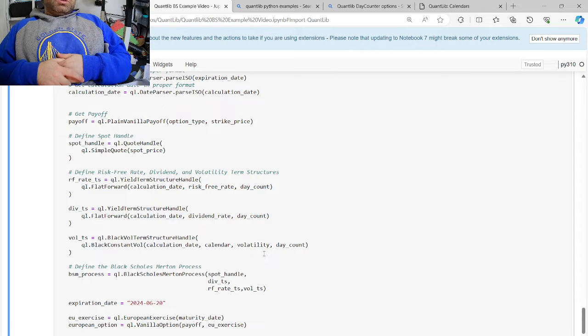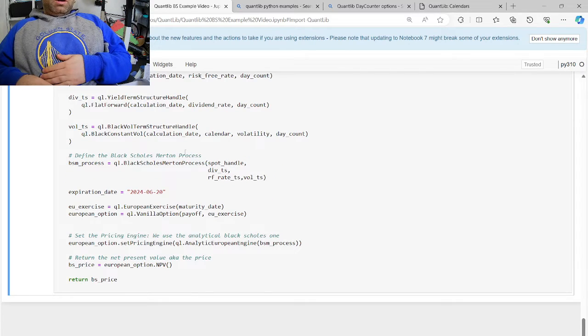Later videos will show how to make it more general. We have the Black-Scholes-Merton process. I wrote expiration date here, so I don't know why I put this. This is a European exercise, for the European option, and we set the pricing engine to the analytical pricing engine.